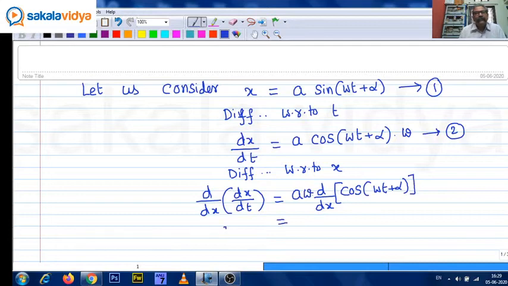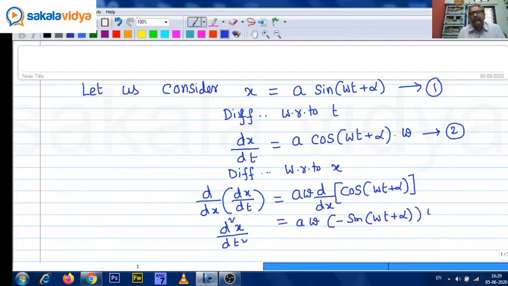So we can write d2x by dt square equals a omega into minus sine omega t plus alpha, because cos differentiation is minus sine. So this equals minus omega square a times sine omega t plus alpha.